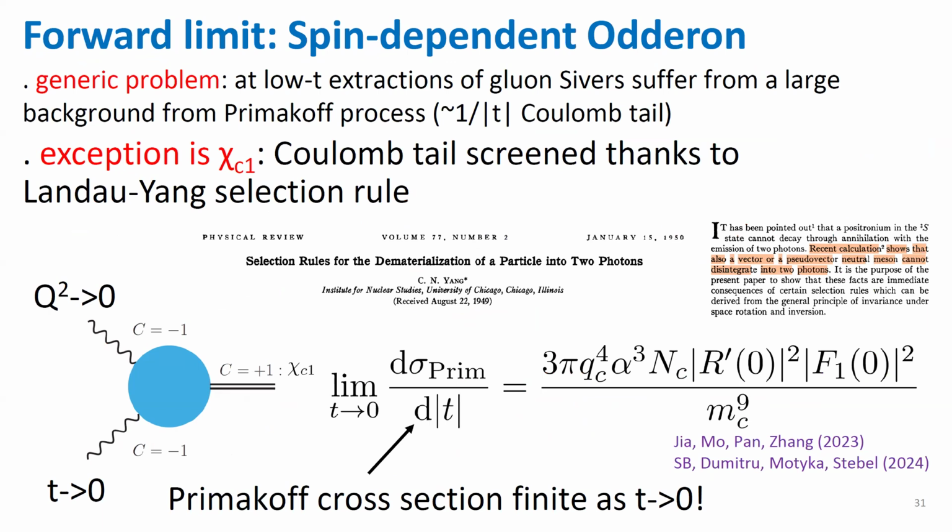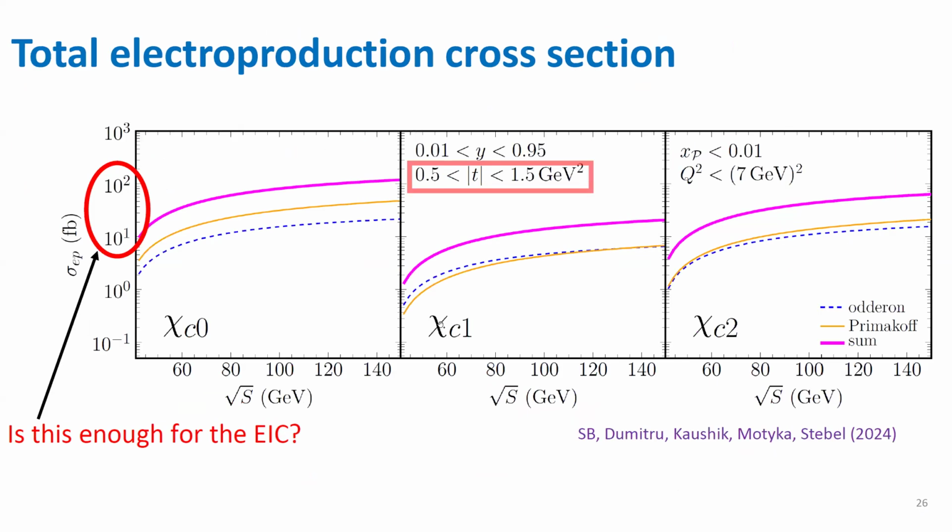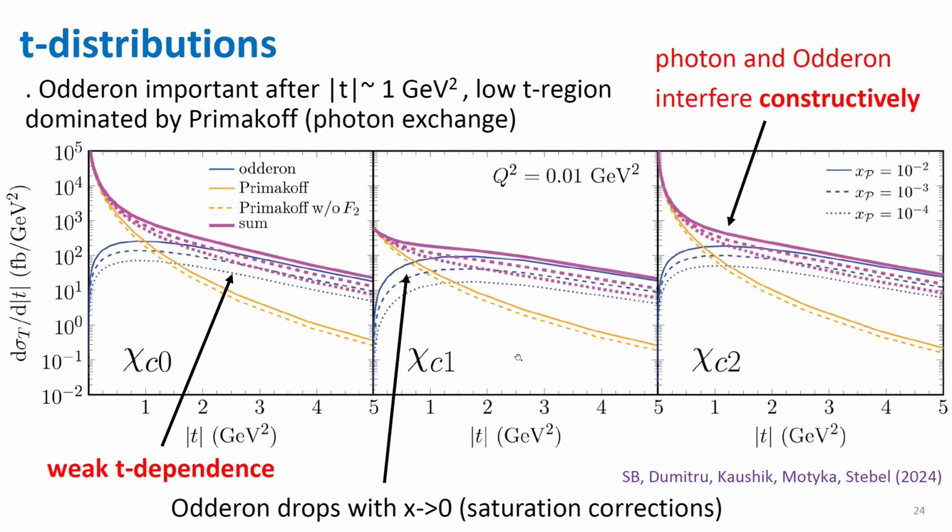So what would be the t dependence? Okay, the t dependence, what I can show is this curve. This is the Primakoff cross section, and this is like a form factor, right? Right, the t dependence just comes from the form factor.